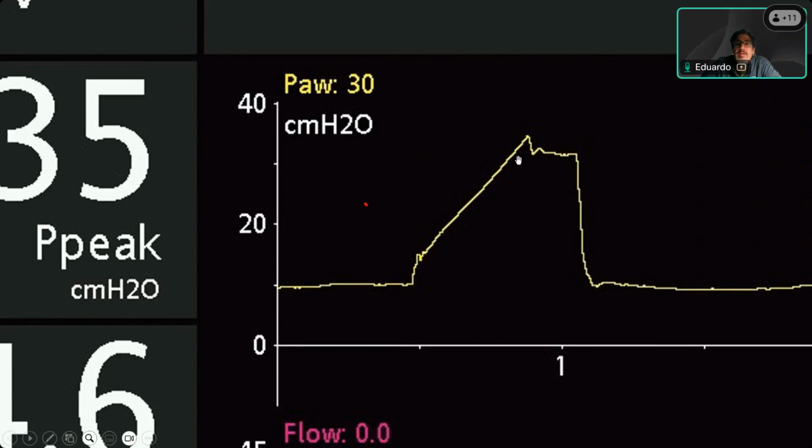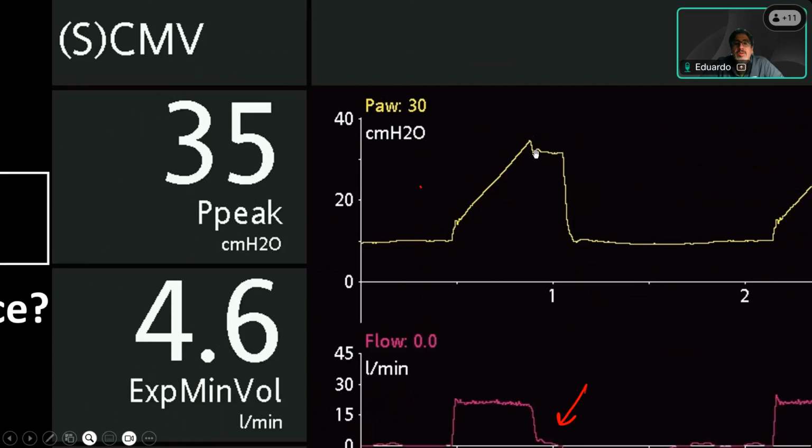And the slope is the elastic load. And now you can see that because there's an end inspiratory pause, that same step up is now a step down, and then you have a beautiful plateau. All right. So it becomes much more evident. I'm going to return it to its size.